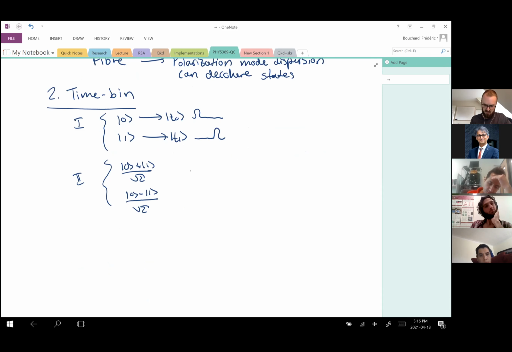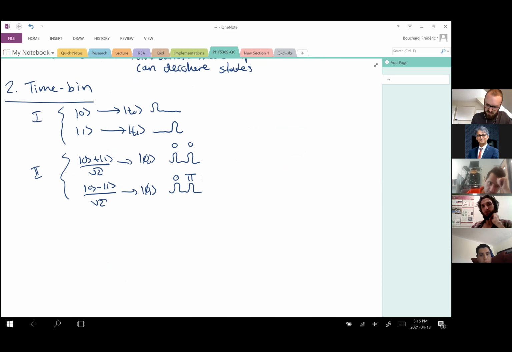For the superposition, you basically just need to make superpositions of time bins, which are usually referred to as phase states. And what this looks like is something like this, where it's either in phase or out of phase. So they're a bit more tricky in terms of generation and detection.